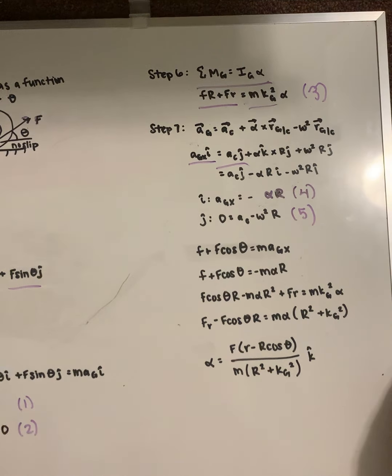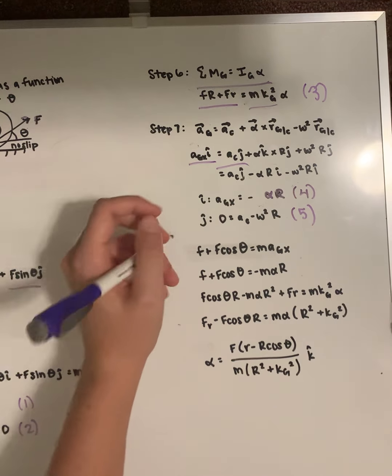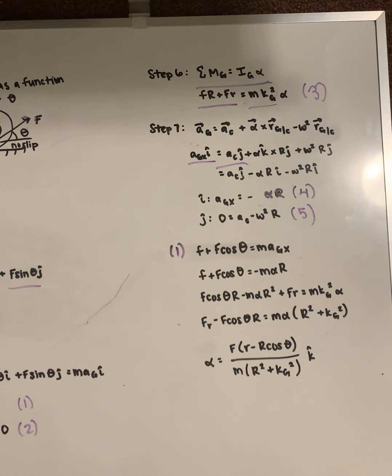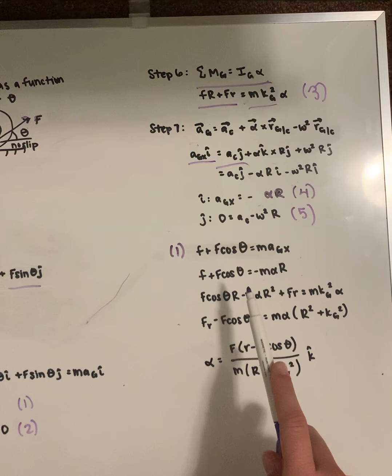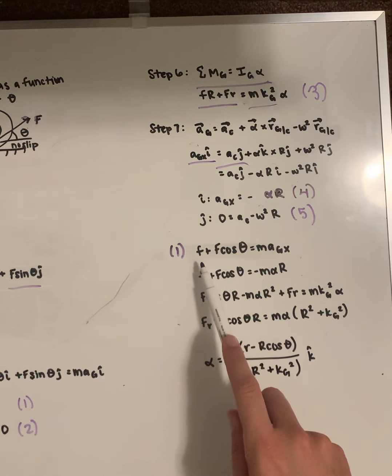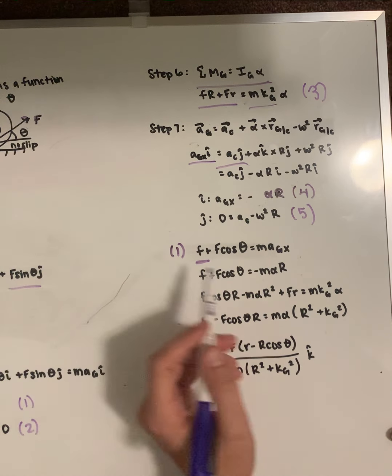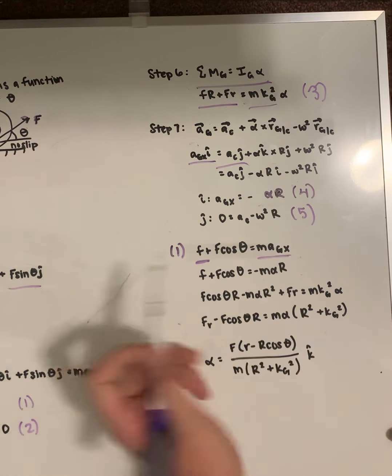After that, we have all of our equations now, and we just need to solve for the unknowns. I'm starting here with equation 1 that we found from Newton's second law. In this equation, we have the unknown friction force, and we have the unknown AGX here.